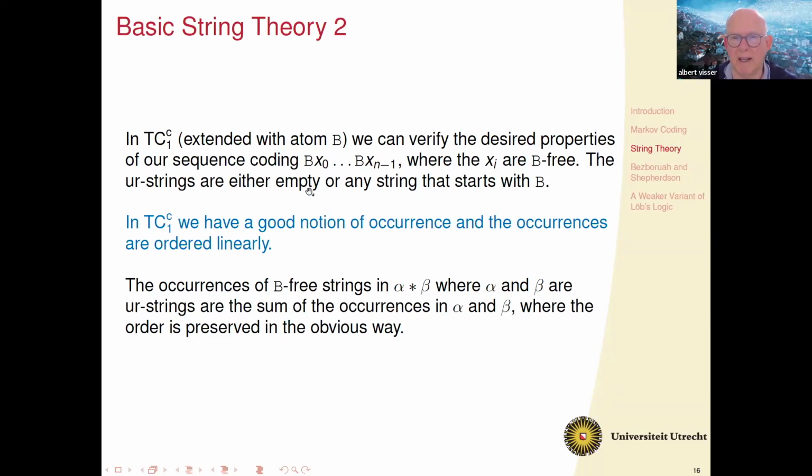Then you can define that strings are just precisely the things that are either empty or start with B. So that's, again, a very simple definition. And in this theory, we have a good notion of occurrences, and occurrences are ordered linearly. So the usual way of thinking that you know and love about sequences or strings does apply here.